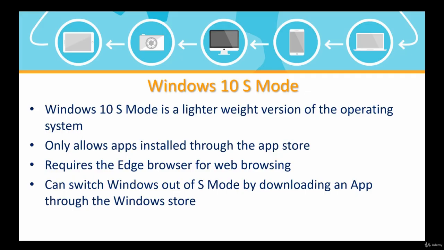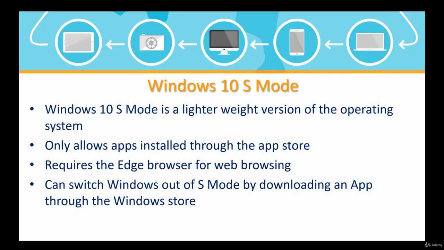Okay. Now, originally when they released this, when you put your computer in that mode, you couldn't get out of it, and it made a lot of people mad. Eventually, Microsoft did release a way to get out of it. So if your Windows 10 computer is in S Mode, if you buy a computer that's automatically in S Mode for Windows 10, you can actually download an app that will turn off S Mode. It's kind of funny. Your S Mode is only going to allow you to download apps from the App Store, and you actually have to download an app that removes S Mode.